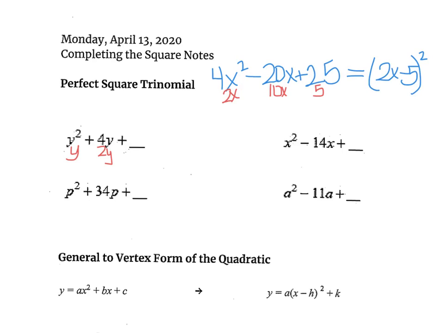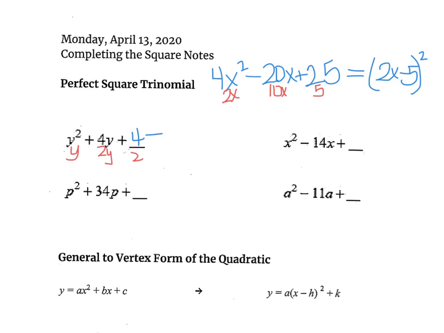Well, you'd multiply by 2. 2 times y gives us 2y. 2y doubles to 4y. But 2 squared gives us 4.